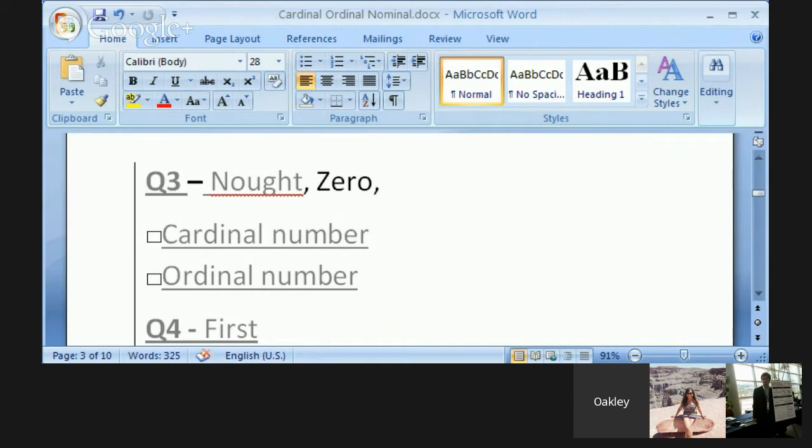Carolina, do you know another way? 0, O. Sometimes we just say O, especially in phone numbers and such. True. Dimas, what's another way we can say zero? You know any others?